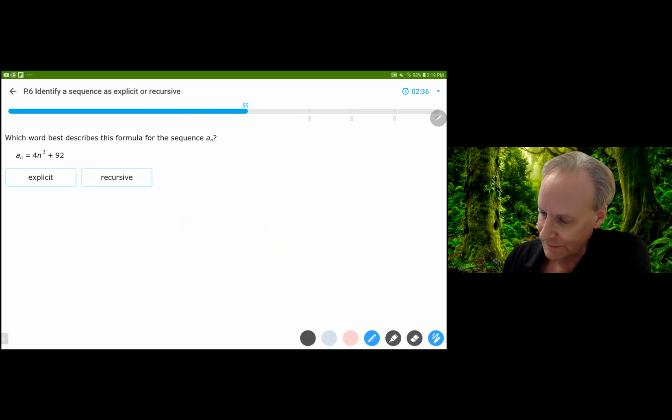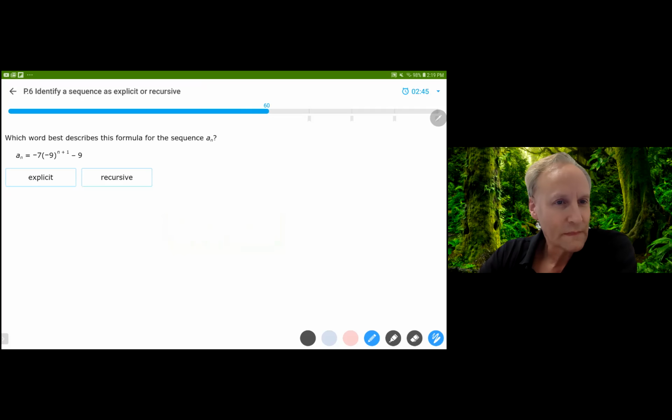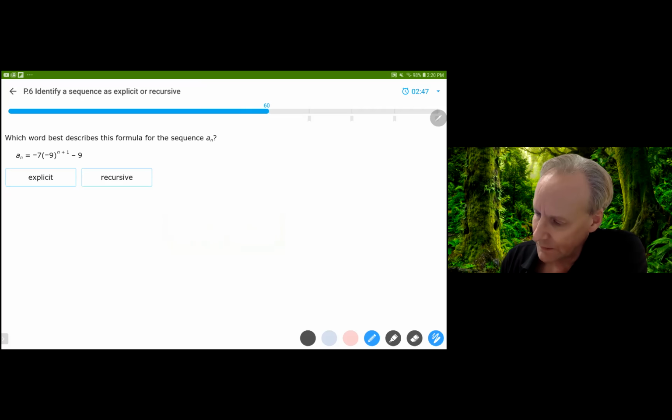This one is explicit because the only thing involved is an n value. This one is only an n value. There is no a to the n plus 1. Of course, that wouldn't work anyway, but that is explicit.